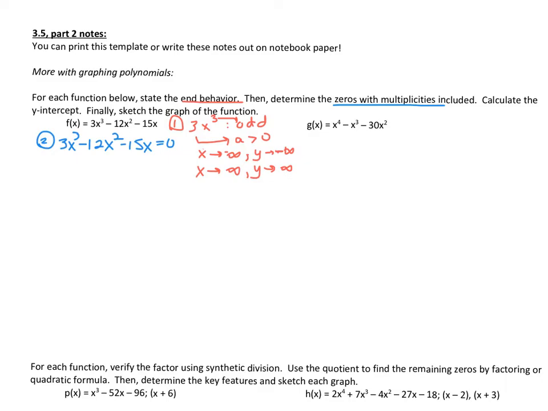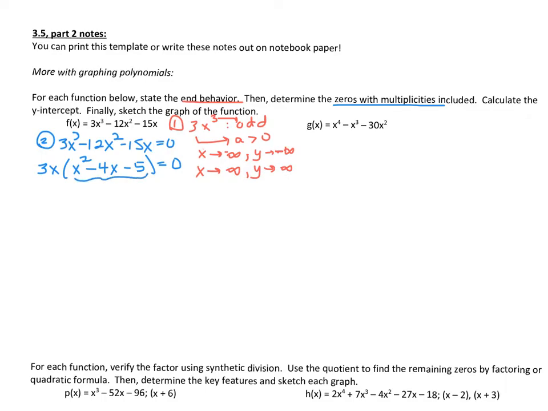If you look at all three terms, I notice there's a 3 and an x that they all have in common. If you factor out that common factor, we end up with x squared for that first term, minus 4x for the second term, minus 5 for the third term. And now we have a quadratic to try and factor.